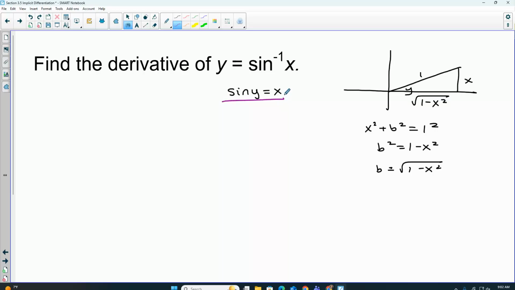So if we think about this, the derivative of sine is cosine. Inside stays the same. But you would have to multiply by dy dx equals the derivative of x, which is 1.